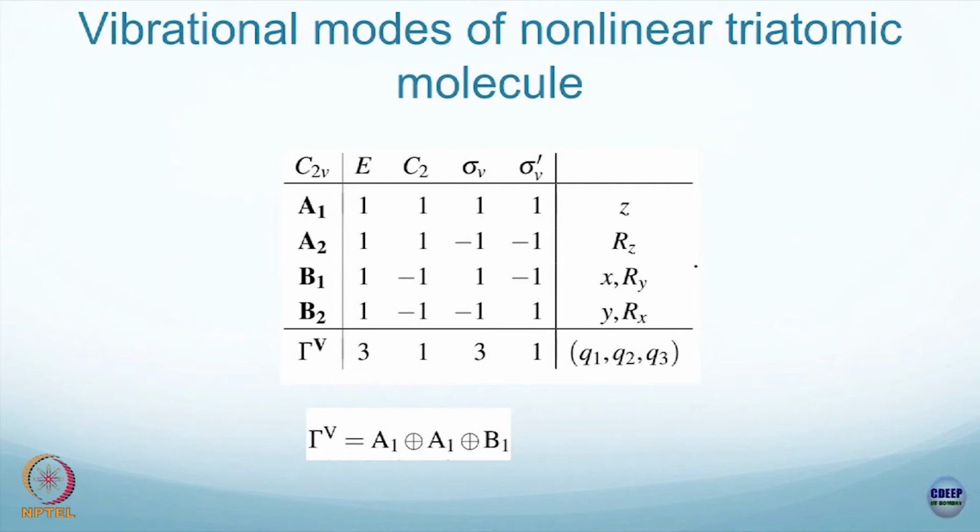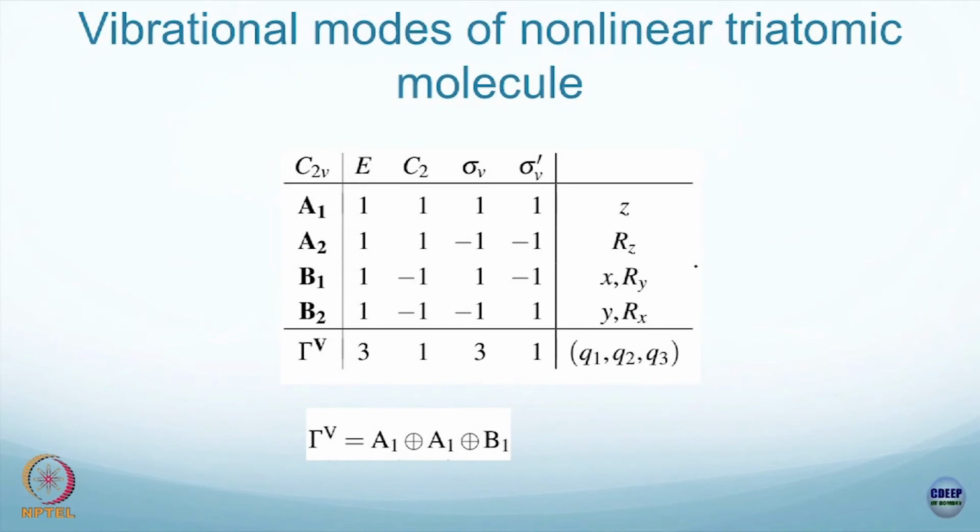So, once I have this, what do I have to do? I have to find out the number of times any of these irreps occurs in the reducible representation. Okay. Then it will tell me what are the irrep language for the vibrational degrees of freedom or the normal modes.